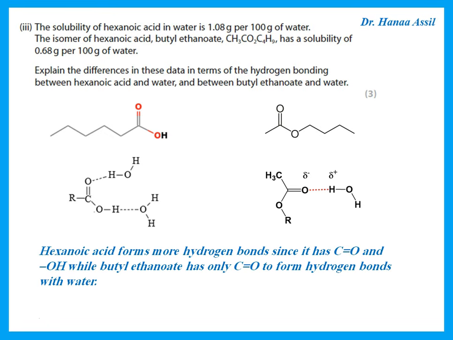Hexanoic acid forms more hydrogen bonds. It has C double bond O and it has OH that will form hydrogen bonds with the water, while butyl ethanoate has only the C double bond O to form 1 hydrogen bond per molecule, so it is less soluble.